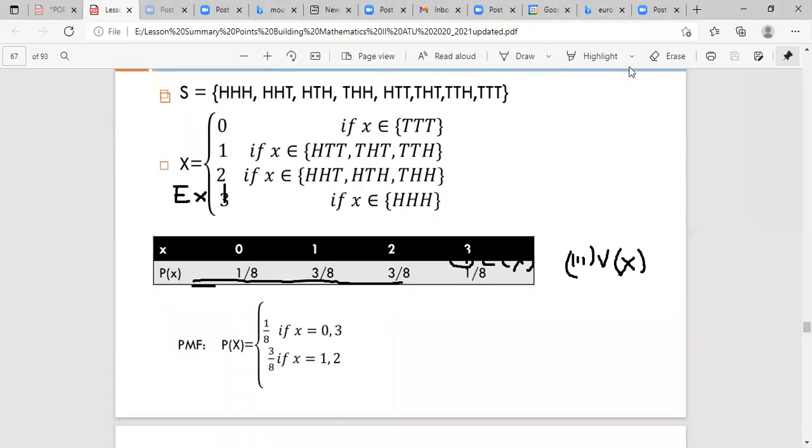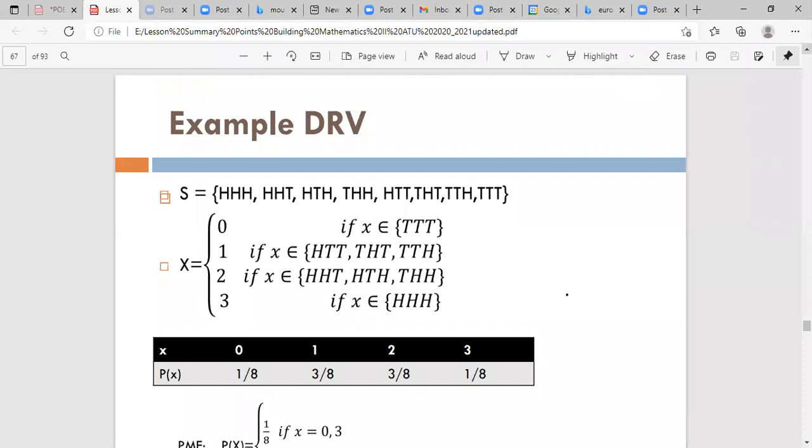So let's continue. We're told that we are observing the toss of 3 coins, and we are observing the random variable, which is defined as observing a head.